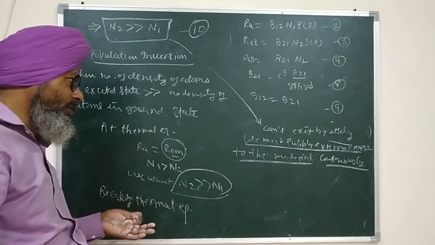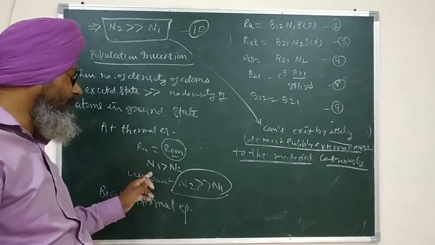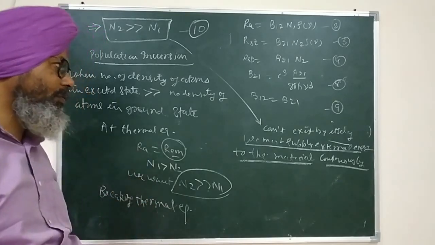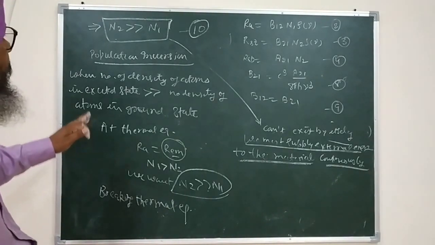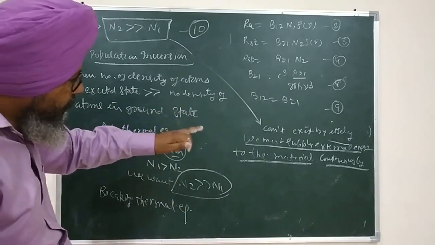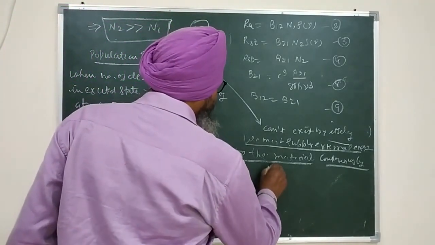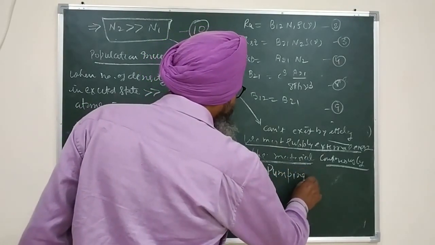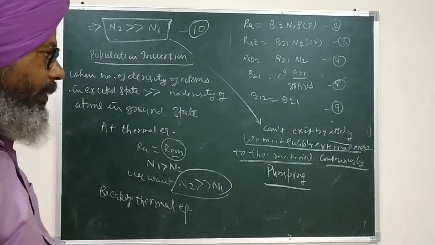This state will just vanish, stimulated emission will not be dominating, and spontaneous emission will start taking place. So the second condition is that the material must be supplied external energy continuously, and such a process of supplying external energy to the material so that population inversion is achieved and maintained is called pumping.